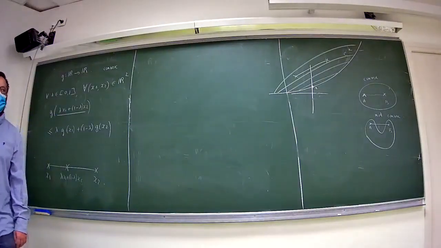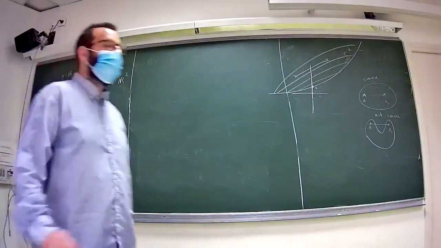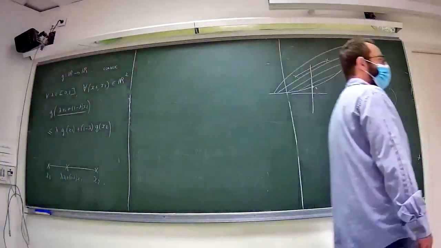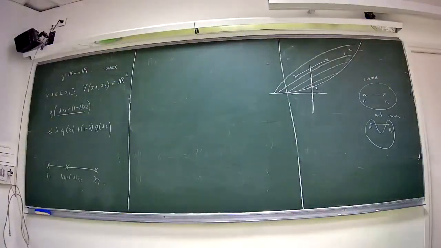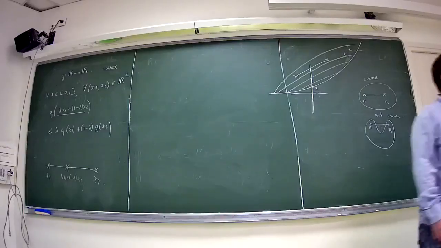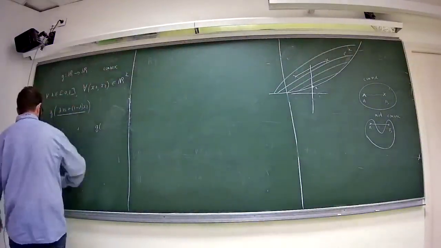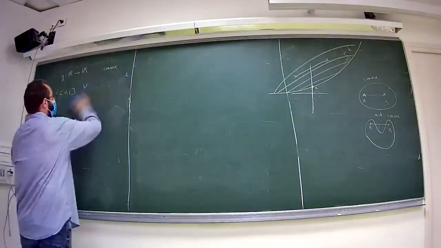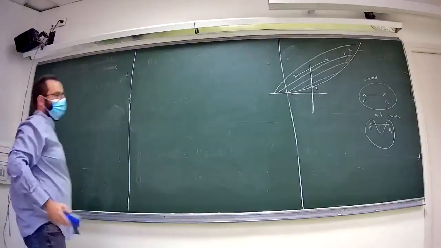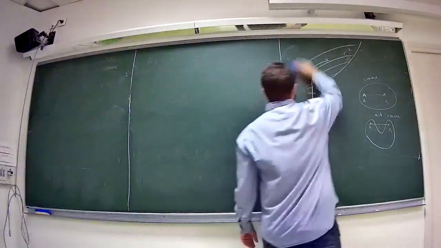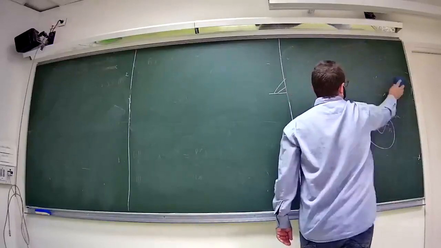I continue. I have defined the expectation. Now we are just going to define the variance, the variance of a random variable. Once again, it's like what we have done in the case of the expectation.